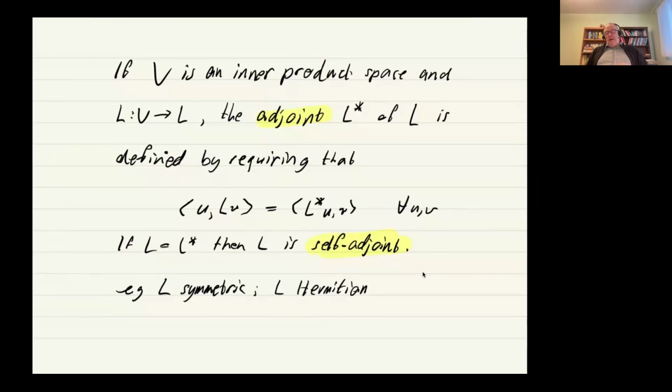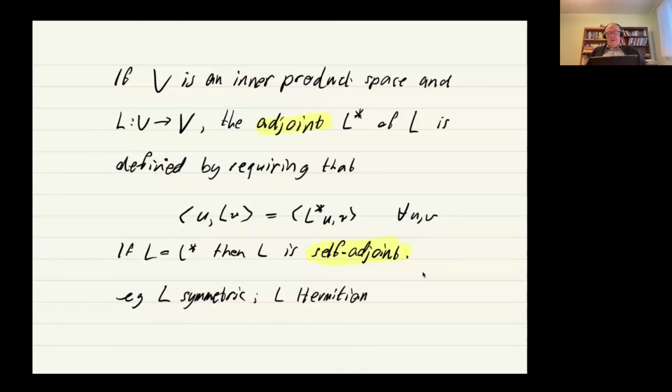Now the adjoint: if I have a linear map L from V to V, then the adjoint is defined by the requirement that the inner product of u with Lv is equal to the inner product of L star u with v.